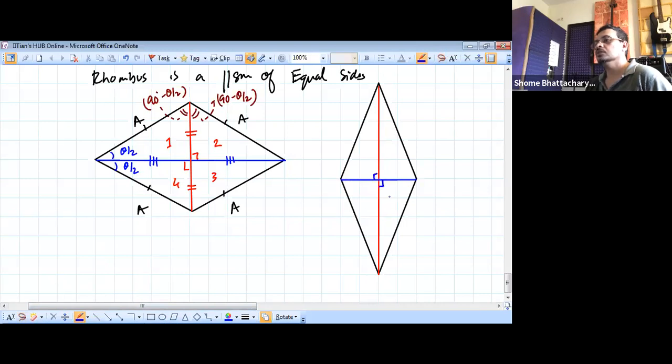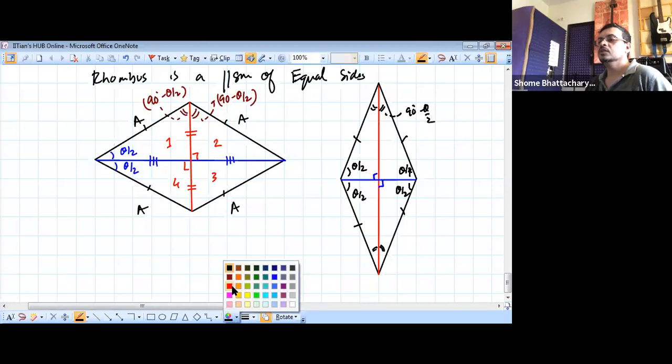So here also, as long as these four sides are equal, always this angle will get bisected, as with these two angles. And also these diagonals will not only be cutting each other perpendicularly, but they will be bisecting each other perpendicularly.